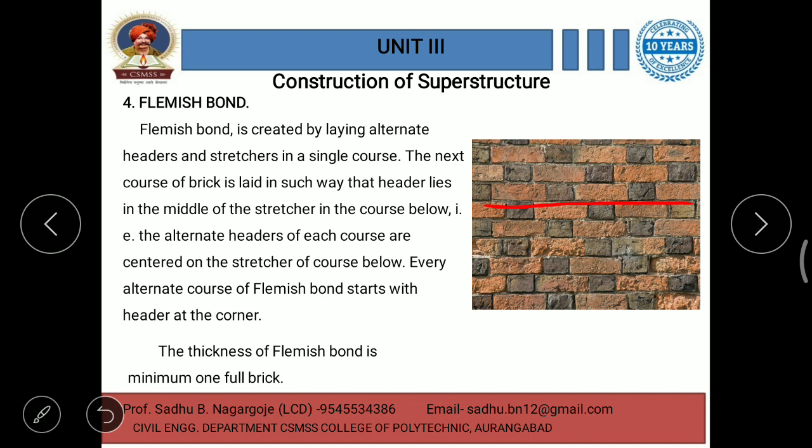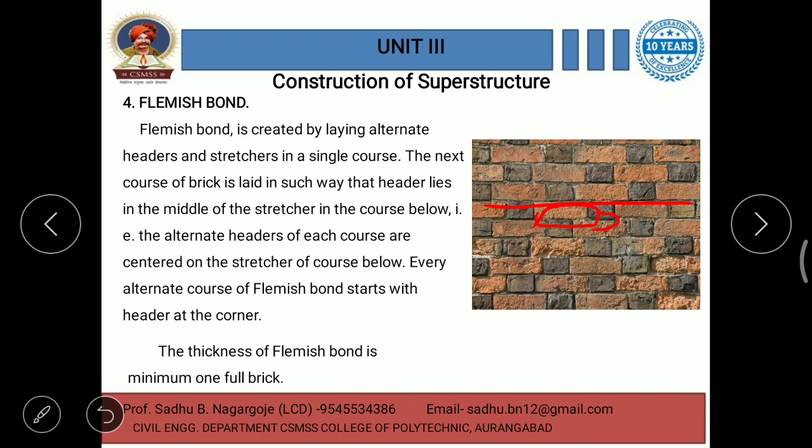this brownish color brick shows the stretcher, and after that there is a blackish color brick that shows a header.